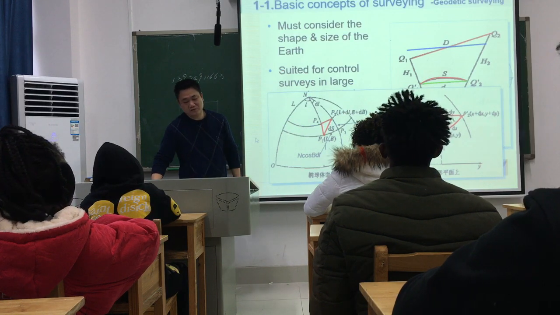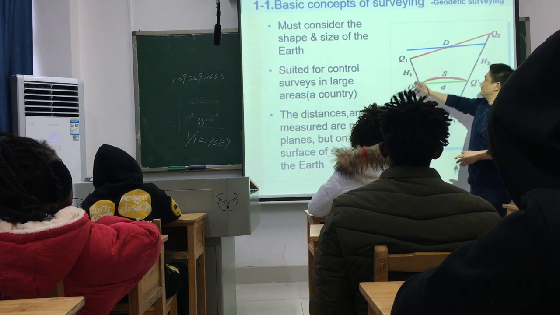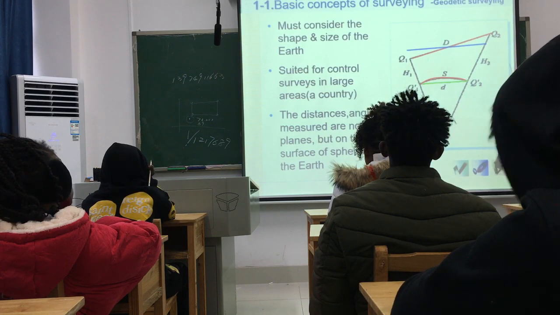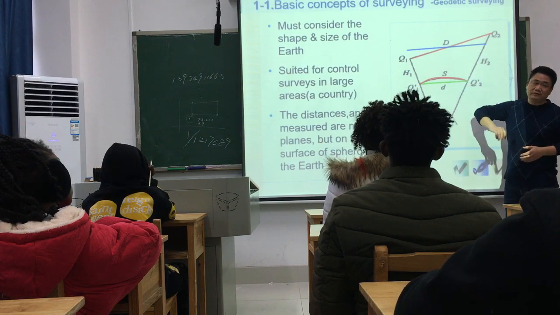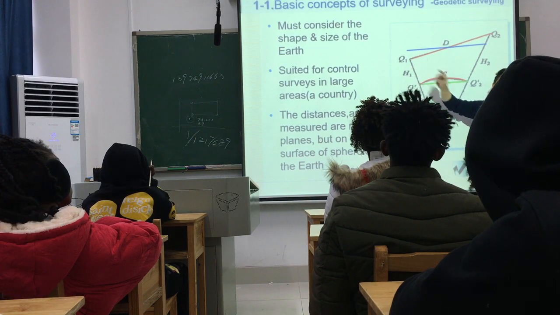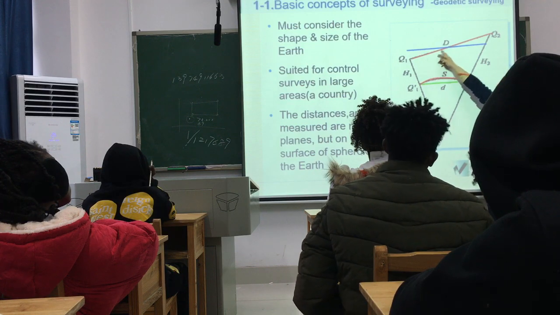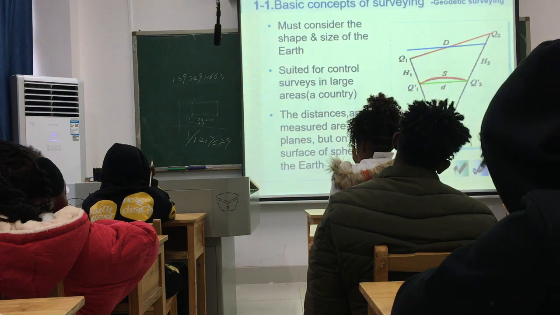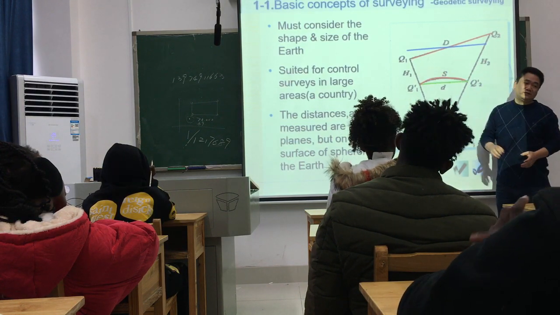For example, in geodetic surveying, when we measure the distance from point Q1 to Q2 with the instrument, the result is this straight line. We use the instrument to survey it and get the result directly. But when we do calculation, this straight-line result is not suitable.